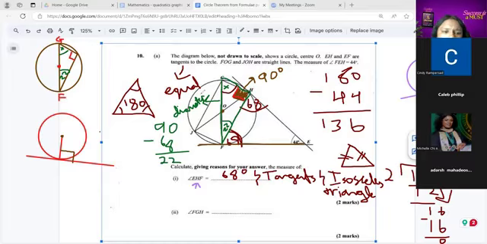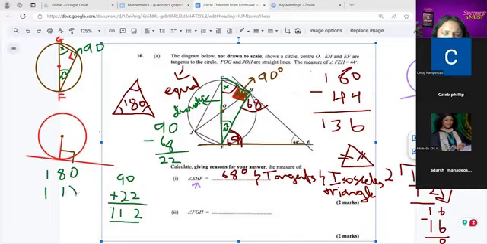Sorry about that. So we'll take 90 degrees, of course. Remember, this angle here is 90 degrees. So 90 add 22. 0 add 2 is 2, 9 add 2 is 11, so we get 112, and then take that away from 180 because in a triangle, all three angles must add up to 180.